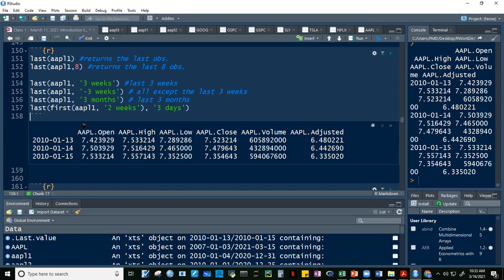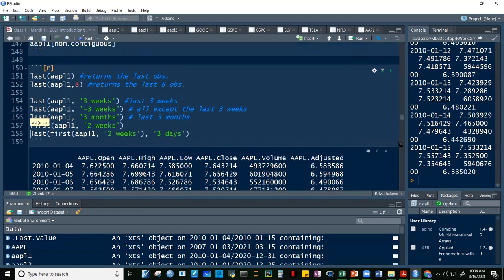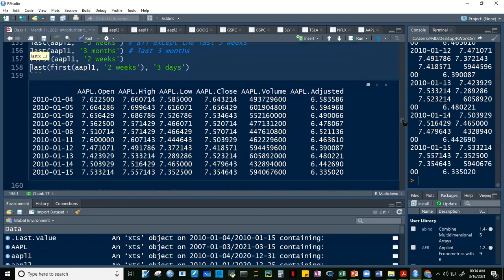In order to understand this, guys, pwede natin i-run muna yung nasa inner part ng code. No? Let's do that para clear sa inyo. We can first run this first. Okay, yung first Apple 1, 2 weeks. This will be the first 2 weeks.